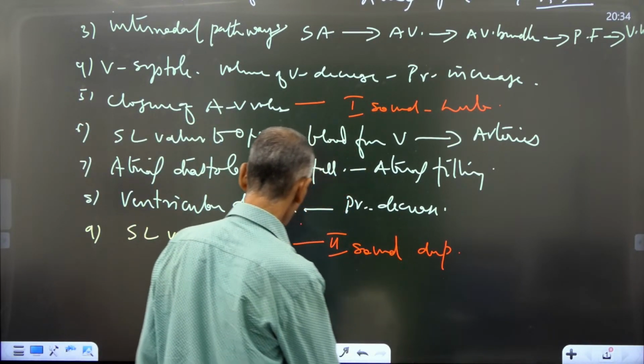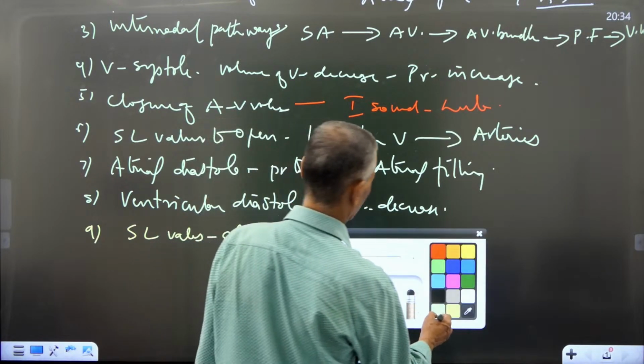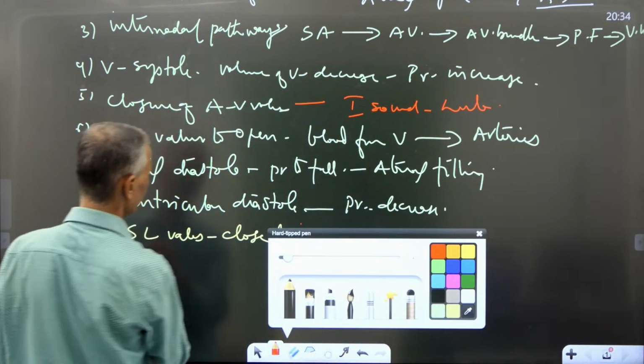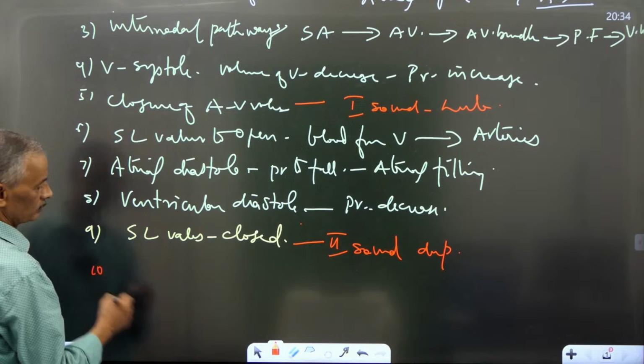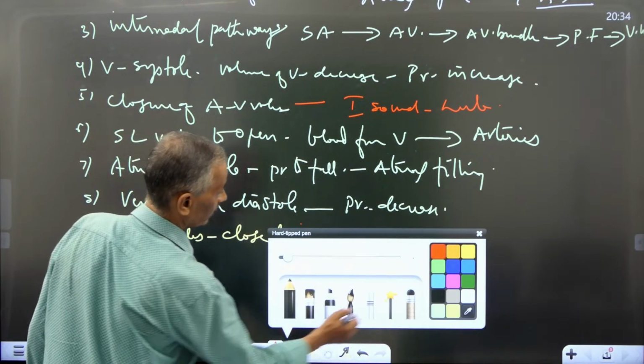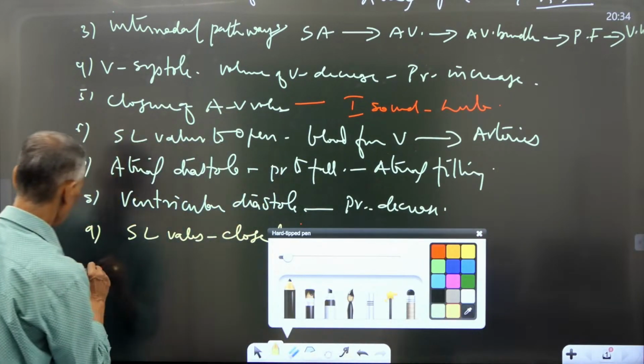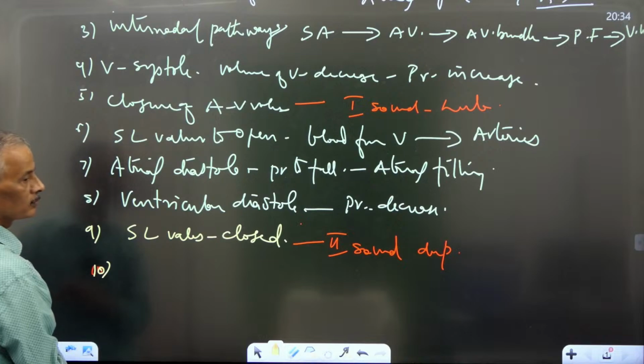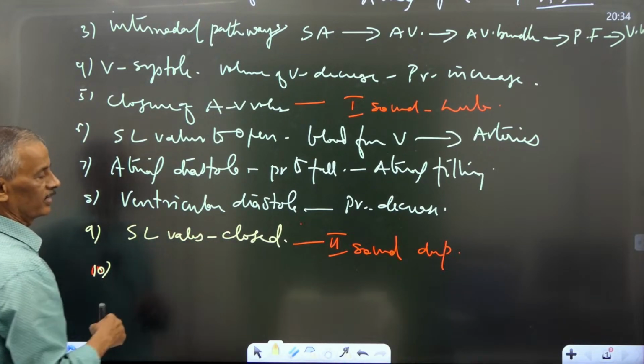And when the ventricle is in relaxation, the ventricle is in diastole. When the ventricle is in diastole, its pressure is decreasing.